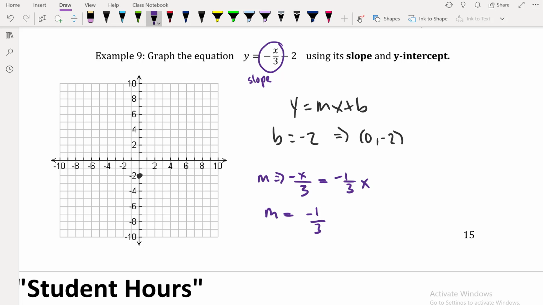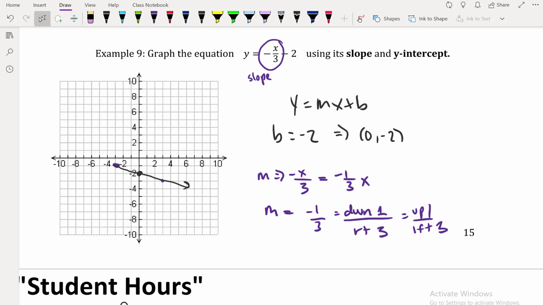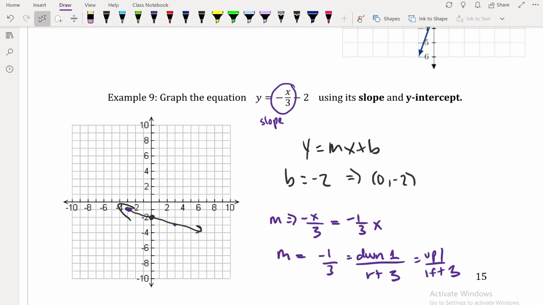So the slope tells me to go down 1 because it's negative, and to the right 3. Or I can go up 1 and left 3. That also works. And so that would be my graph.